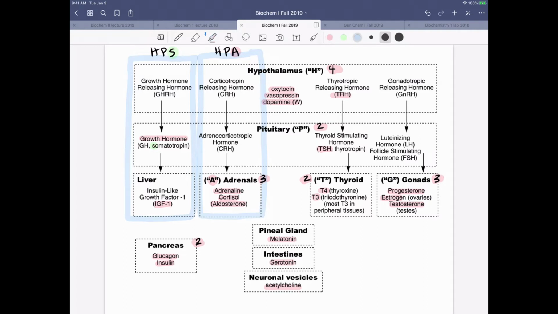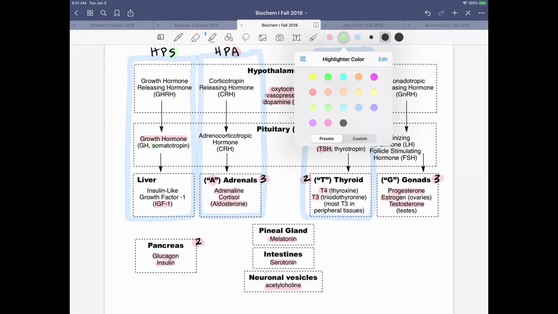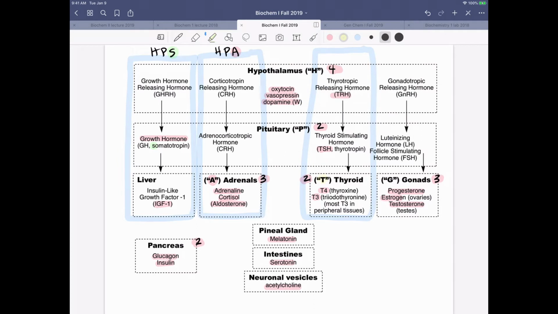Next, we're going to have the HPT axis, and again, this time the T stands for thyroid. So let's pick a different color here, HPT for our thyroid.